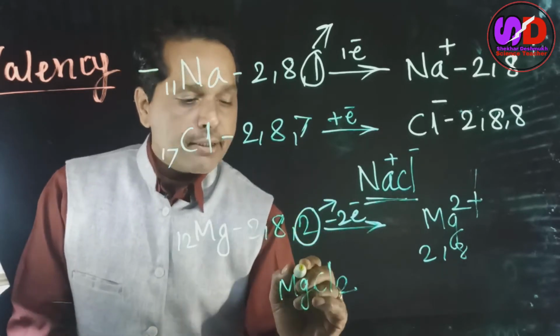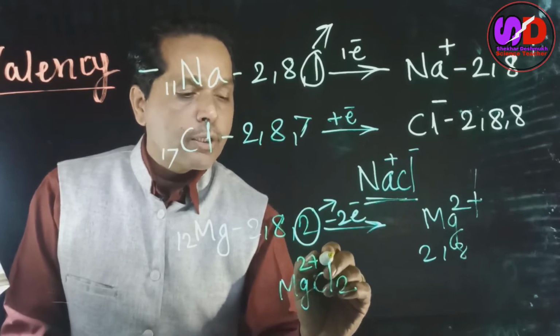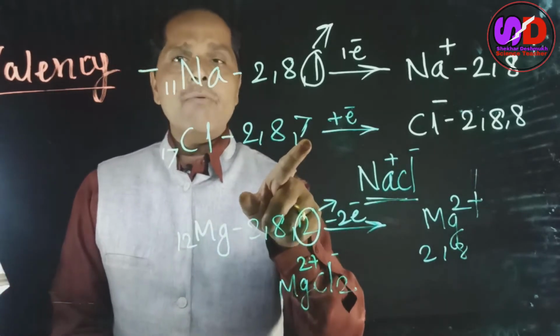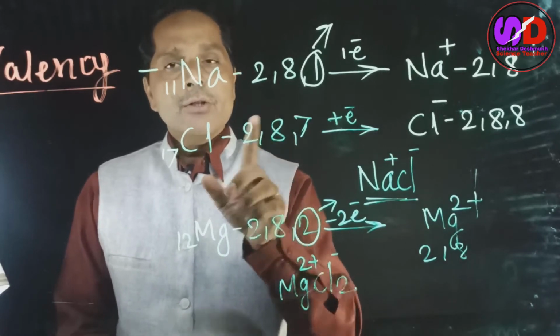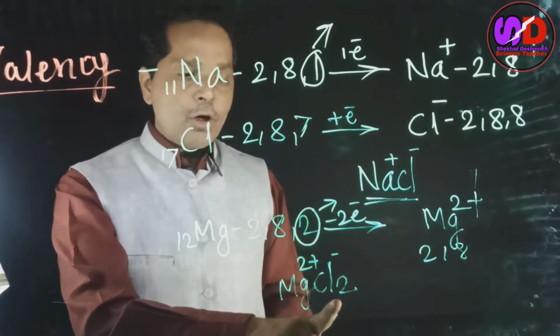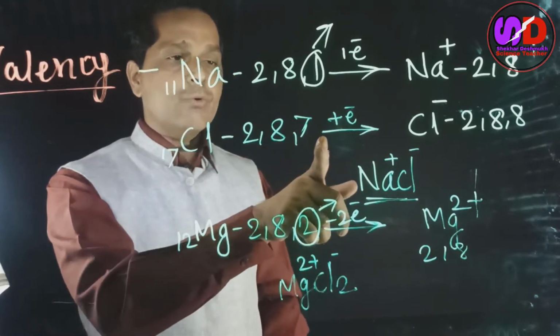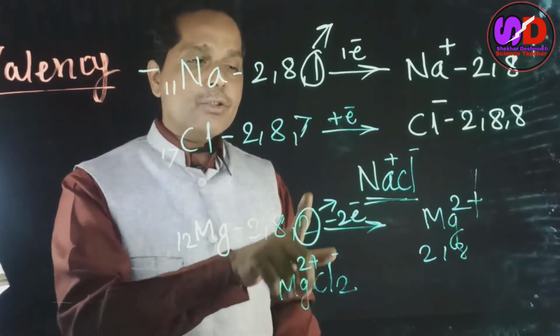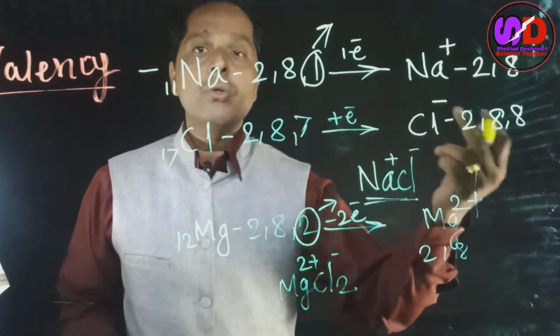Magnesium is 2 positive and chlorine has only 1 negative charge. It requires only 1 electron. So from this we can say the valency of chlorine is 1 because it takes 1 electron only, but the valency of magnesium is 2 because it gives 2 electrons.